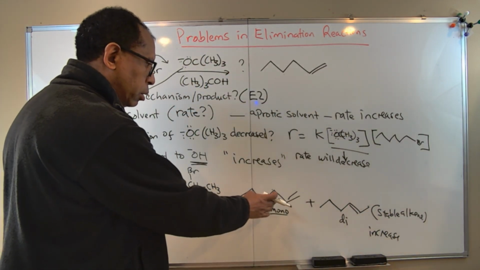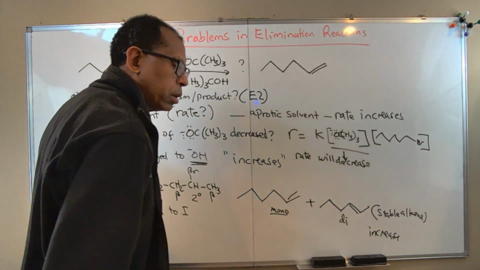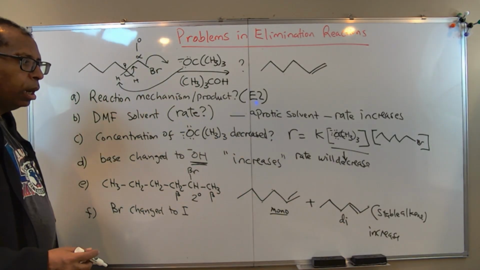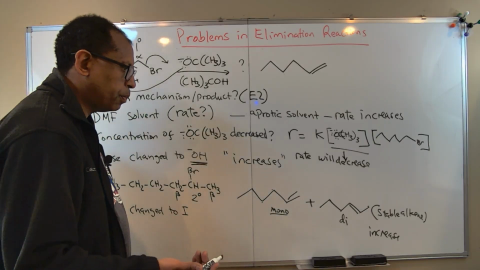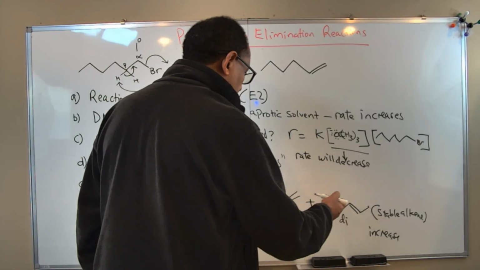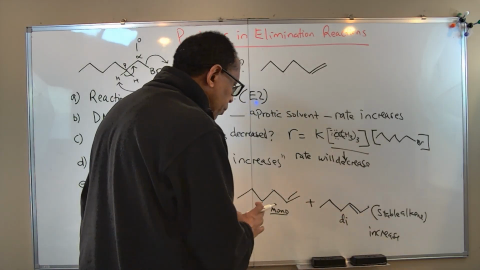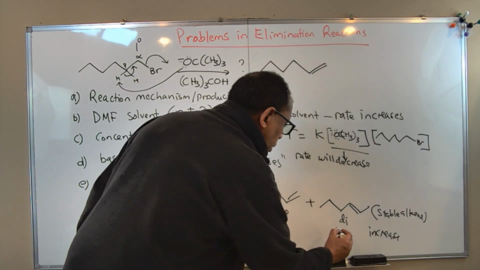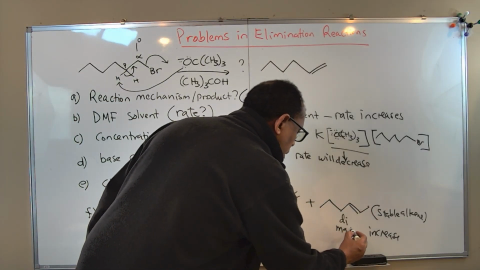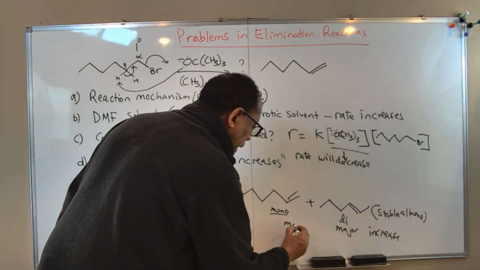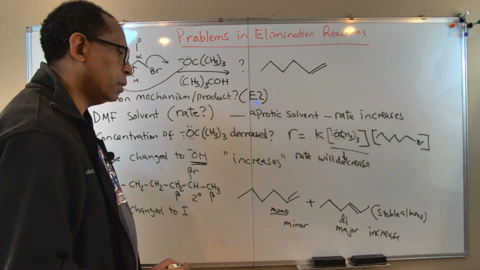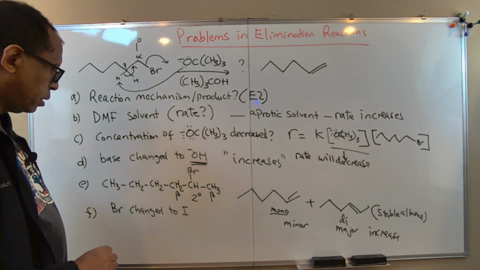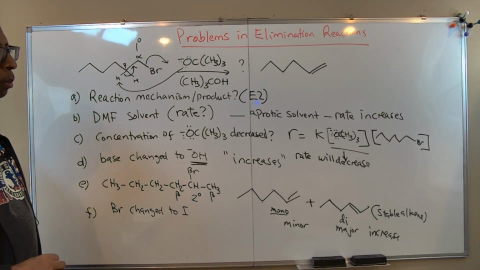Together with this, you are also creating this one, so the conversion into these two would be faster. If you are asked about the composition qualitatively, this is the major and this is the minor product, because a disubstituted alkene is more stable, so you would be forming more of that.